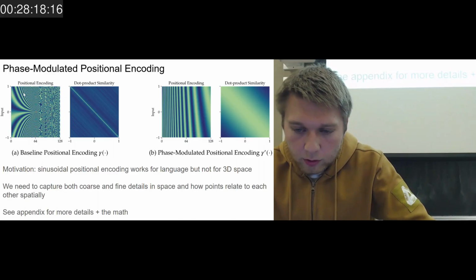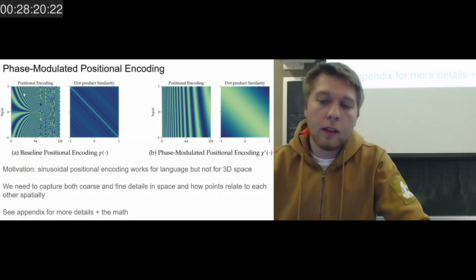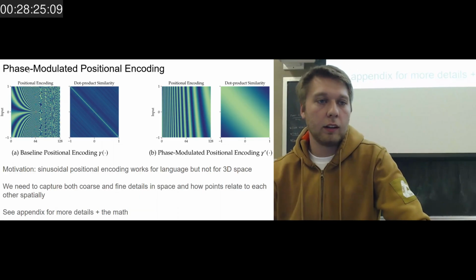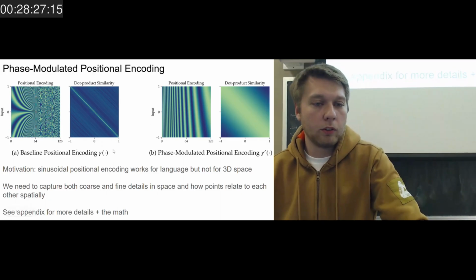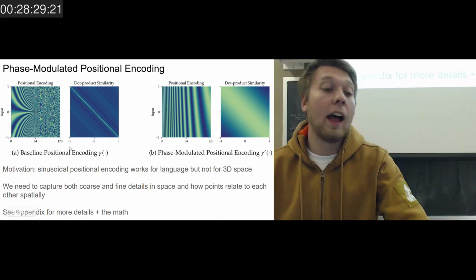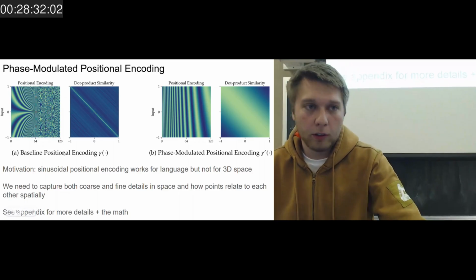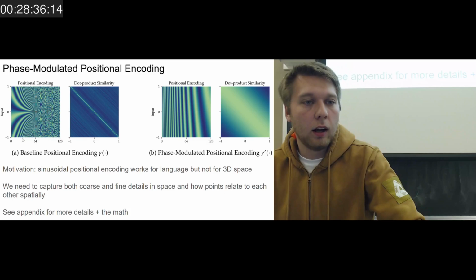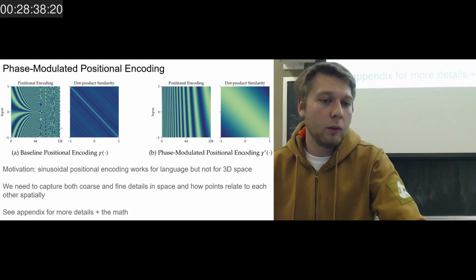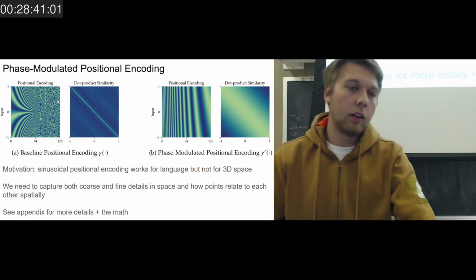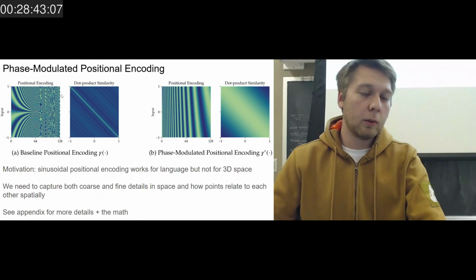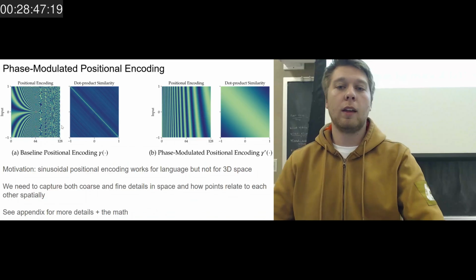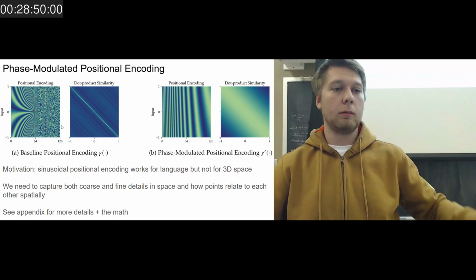Let me read this real quick, sorry. Yes, and then we go to the phase modulated, which takes the original positional encoding, which has an exponential component to the formula. Again, the math's at the end if anybody is interested in looking over it. But as you can see here towards the end, when we look at the 128th frequency, everything is very similar to each other, which you don't want in 3D space. You don't want to just assume that every point away from another point doesn't really matter.